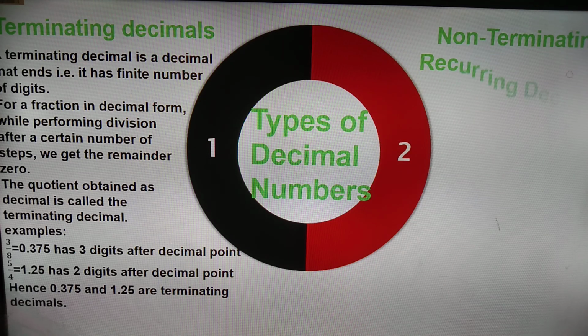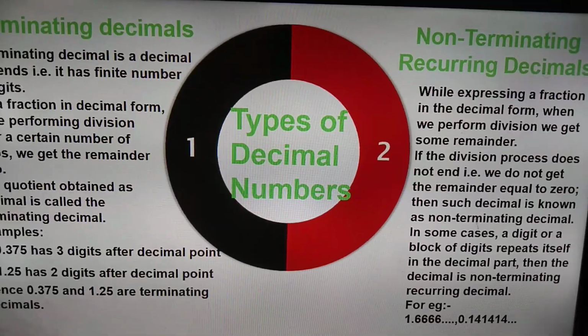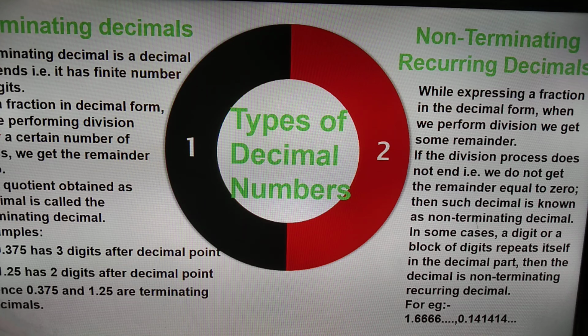Now the second one is the non-terminating recurring decimal. While expressing a fraction in decimal form, when we perform division, we get some remainder. If the division process does not end, that is, we do not get the remainder equal to 0, then such a decimal is known as a non-terminating decimal.